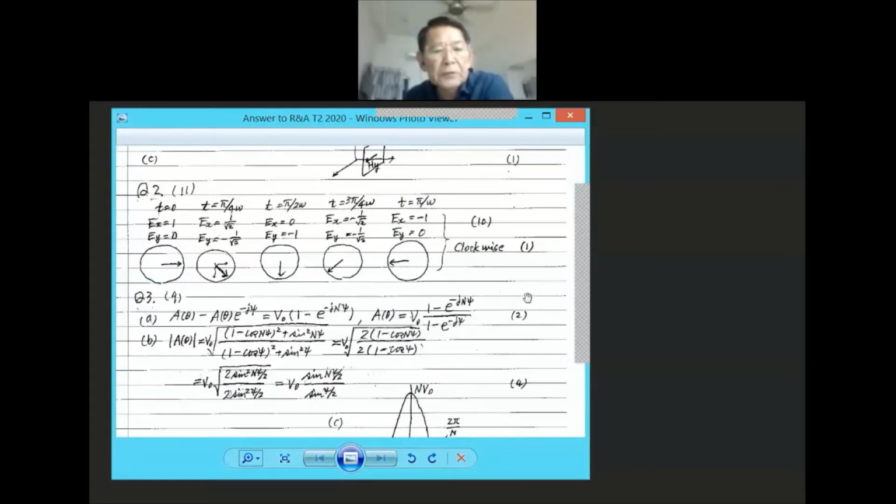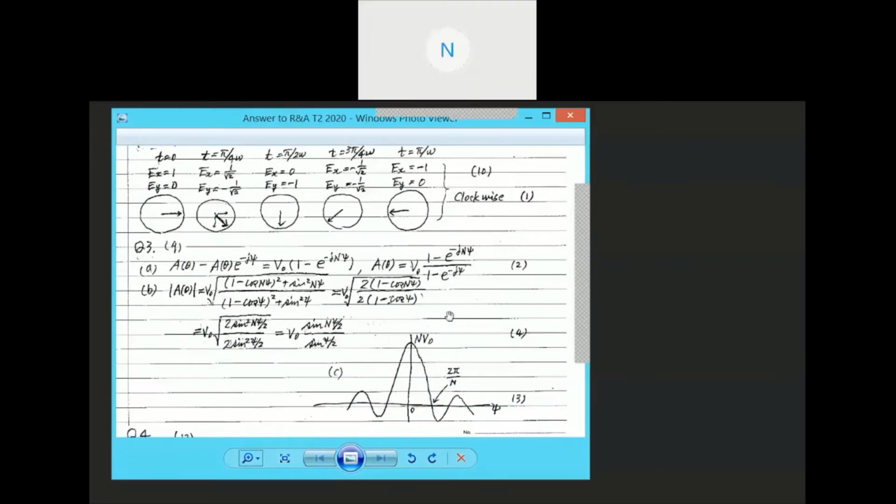Next is question three. Question three is the RF radiation pattern, a series of exponentials, e to the j multiplied. So by multiplying by the unit value, then A theta is the total series.